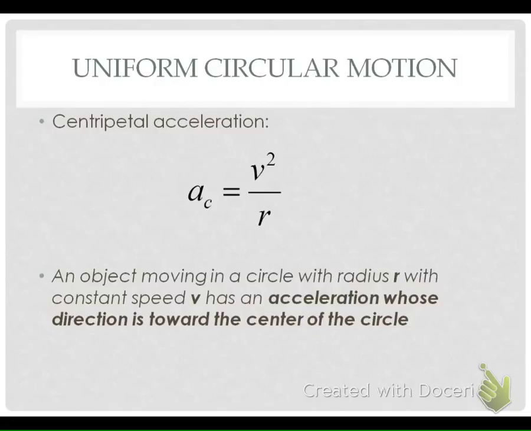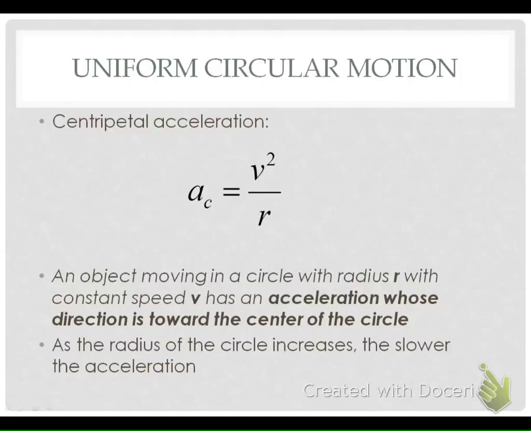Okay, so the acceleration is pointing inward. Okay, since we are moving at constant speed, as the radius of the circle increases, our acceleration must be smaller, since we won't change direction quite as quickly. Okay.